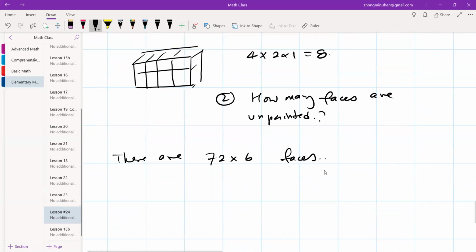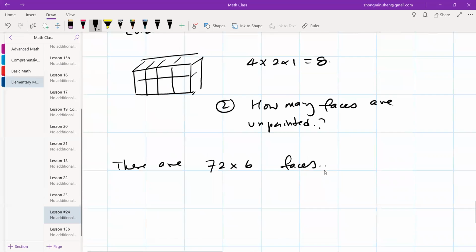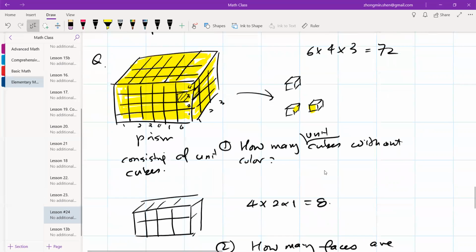But those painted faces form the faces of this large rectangular box. So you just subtract.